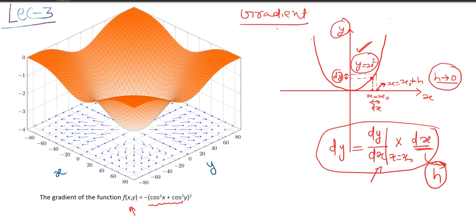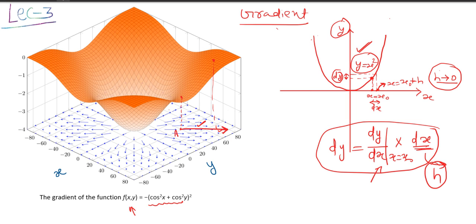The gradient gives me the direction in the xy plane. Let's say I am initially at this point A. Now the gradient will give me the direction in this xy plane, let's say this is the direction given by my gradient, in which if I go, I will find the maximum change in the function.